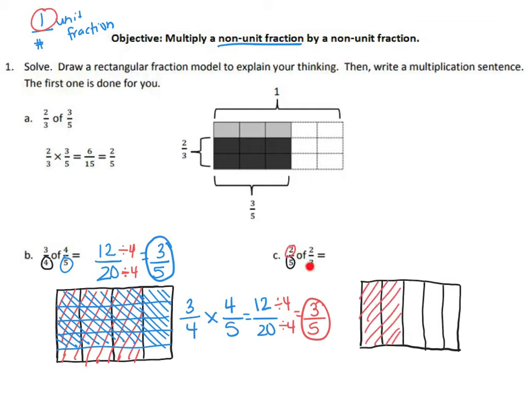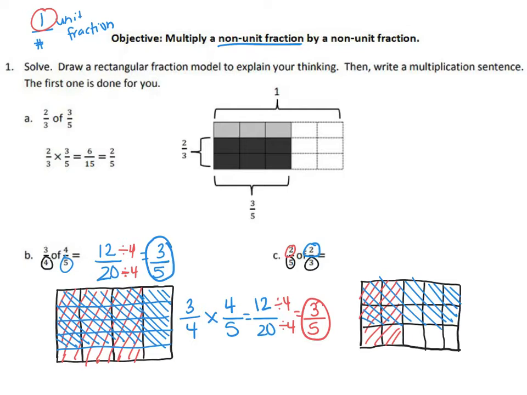Now the second number is 2/3. So I'm going to be splitting it into thirds, going the other direction. And then the numerator in that one is 2. So I'm going to shade in 2 of the thirds. 1, 2.